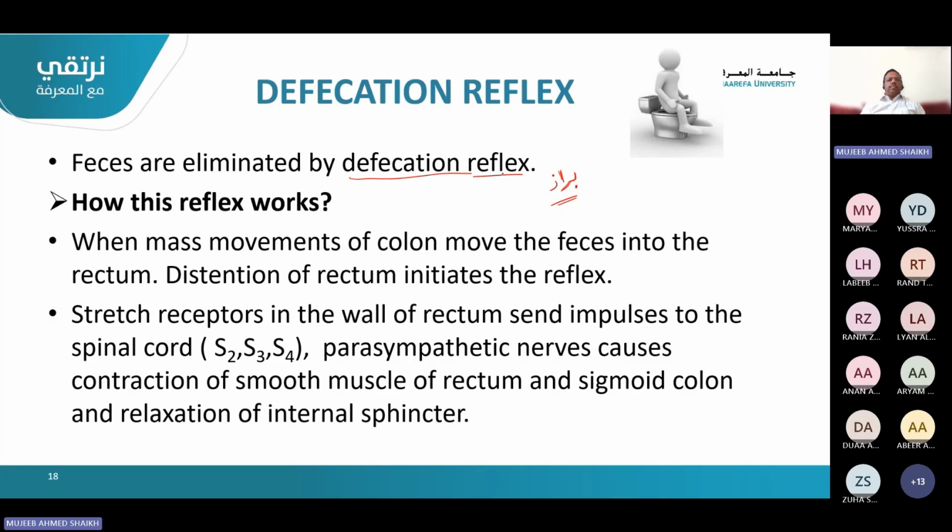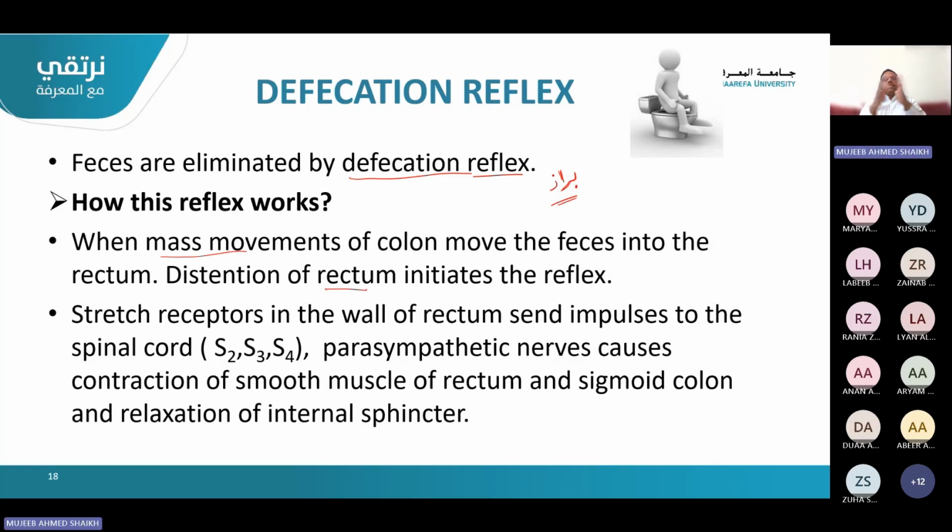How it works? It works very simple, easy to understand. When the mass movement starts, the food or the chyme particle which is held in different regions will be pushed to the sigmoid colon, rectum, and it will come to the anal canal. And this will cause distension of the rectum.